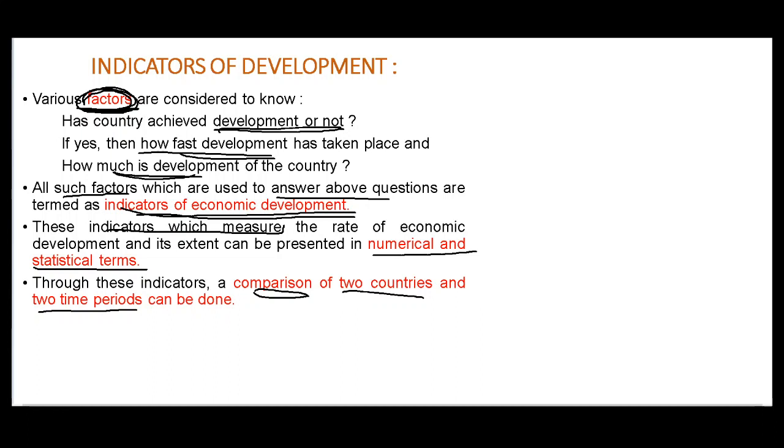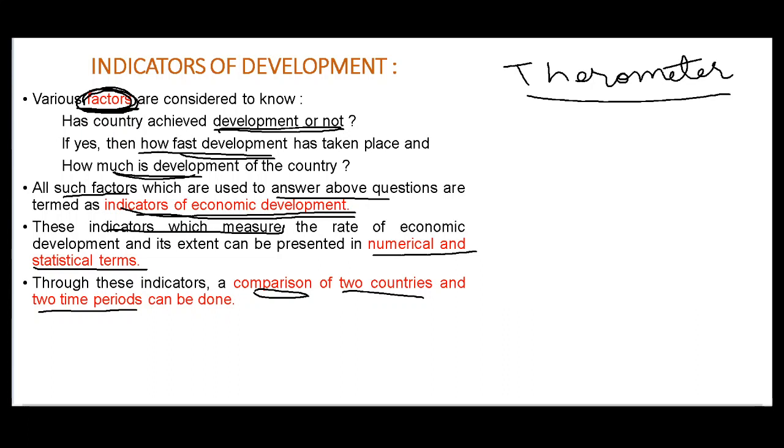Now I would like to give you an example. To measure body temperature, we require a thermometer. So the thermometer is termed as an indicator. Second, for you students, we are taking exams. Why are we taking exams?